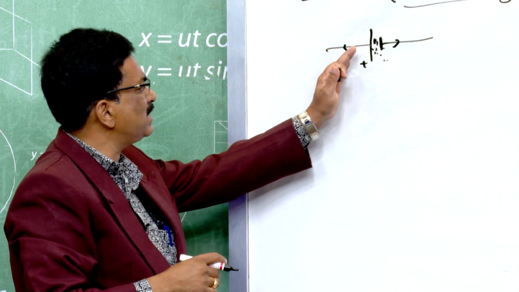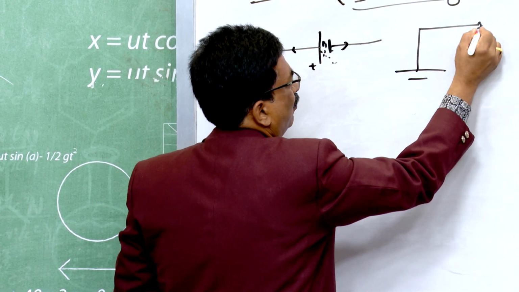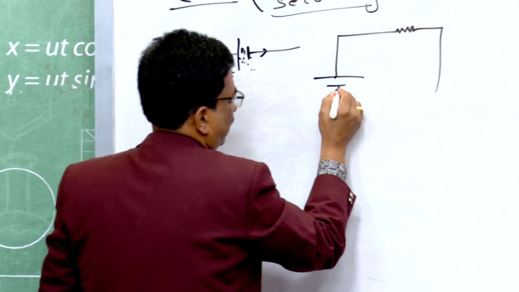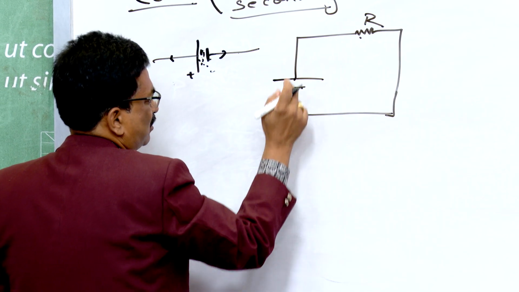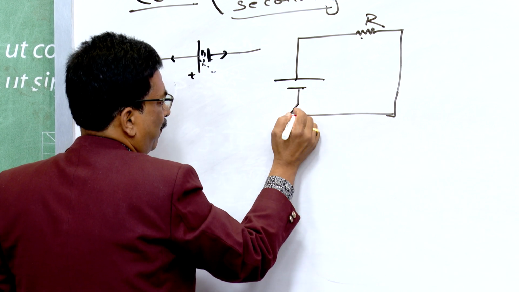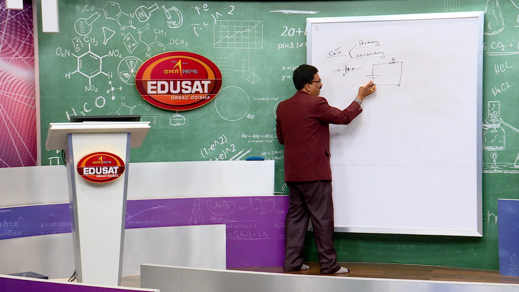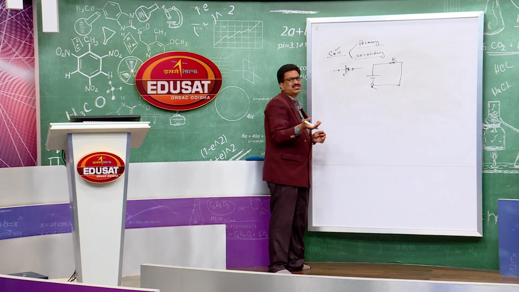If that cell is connected through a circuit, suppose this is a cell connected with a circuit, and this circuit has a resistance R, and suppose we have a key here. When this key is pressed, then the battery is charged.